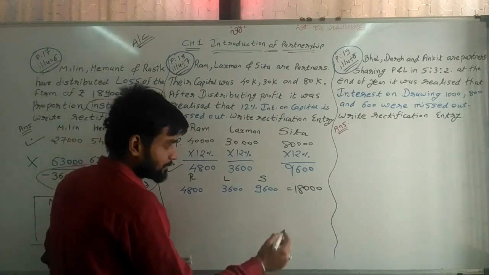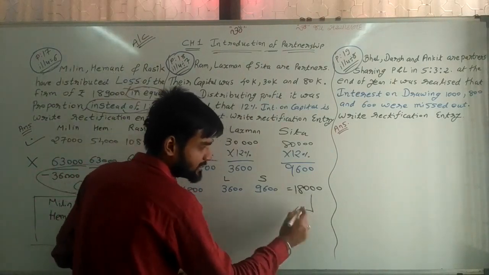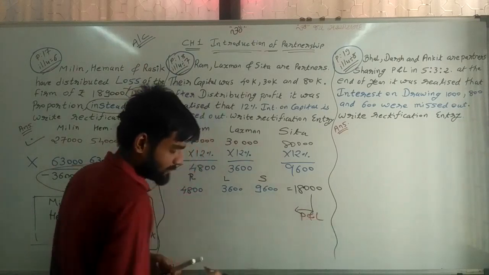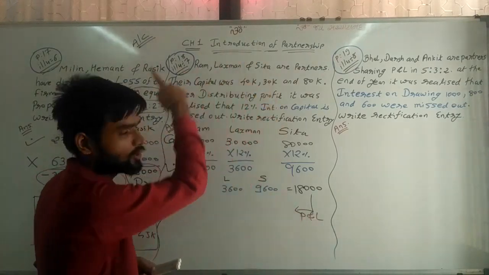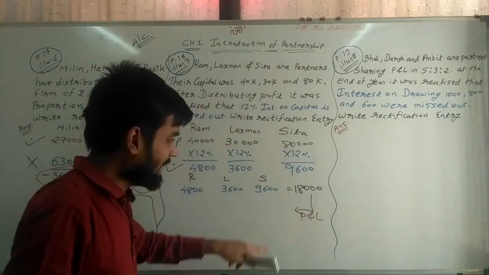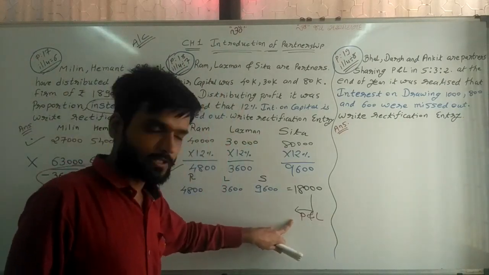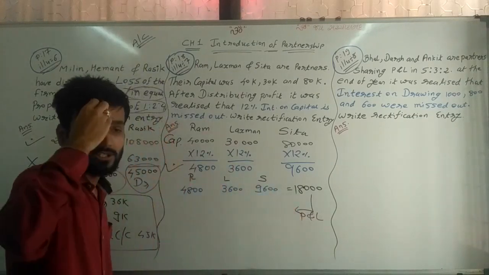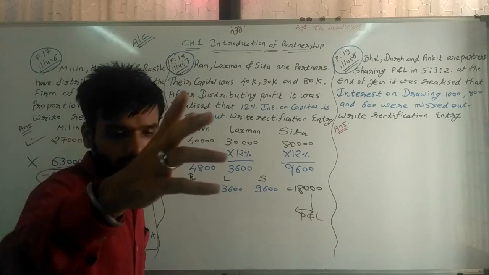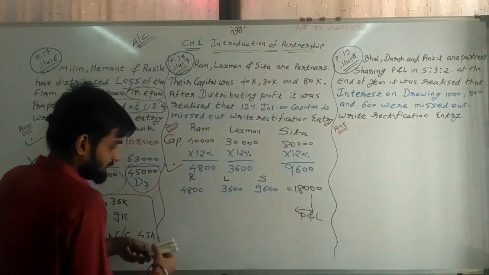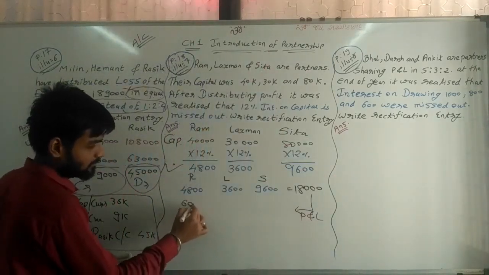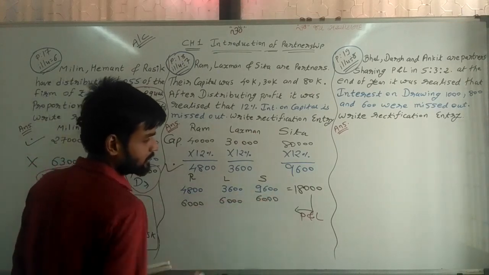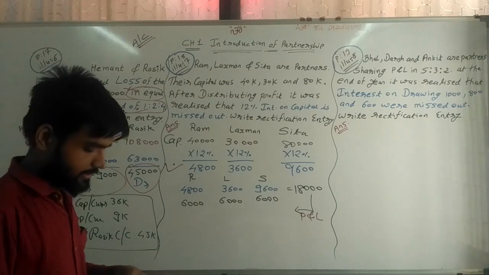So this total 18,000 rupees we are distributing in 3. So 18,000 divided by 3, 6,000 to all partners.